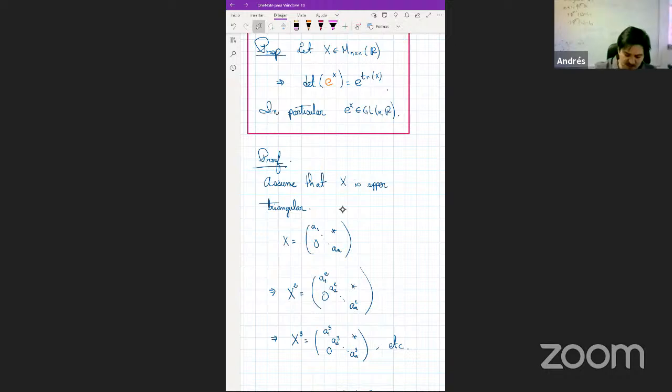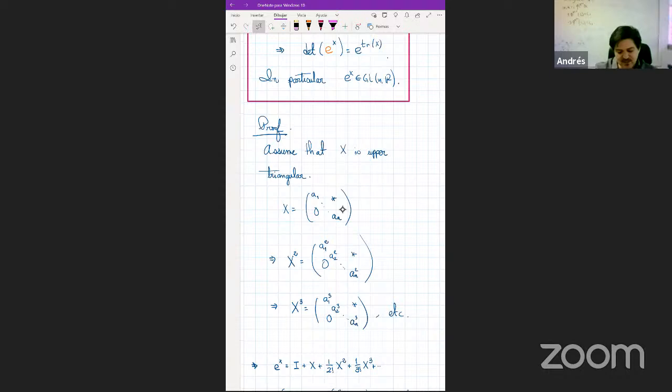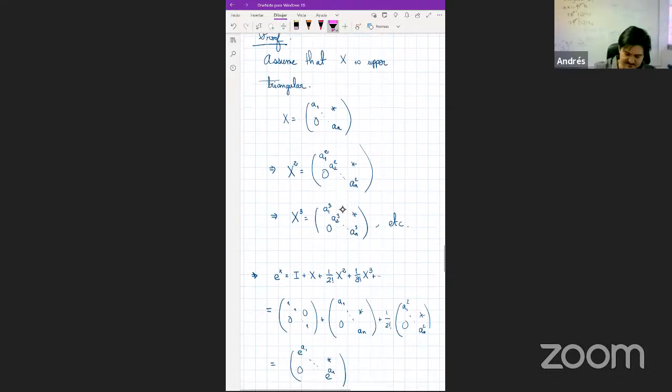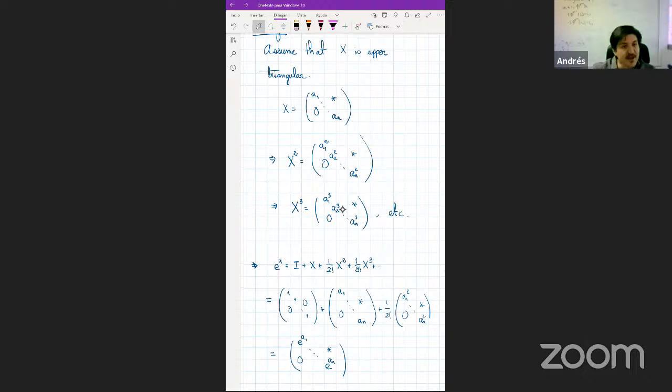Okay? So if I look at the exponential of this, the result will also be an upper triangular matrix. Moreover, in the diagonal, I know what I have.